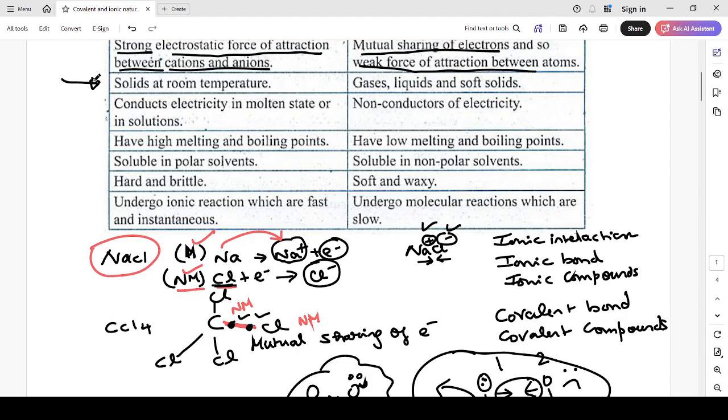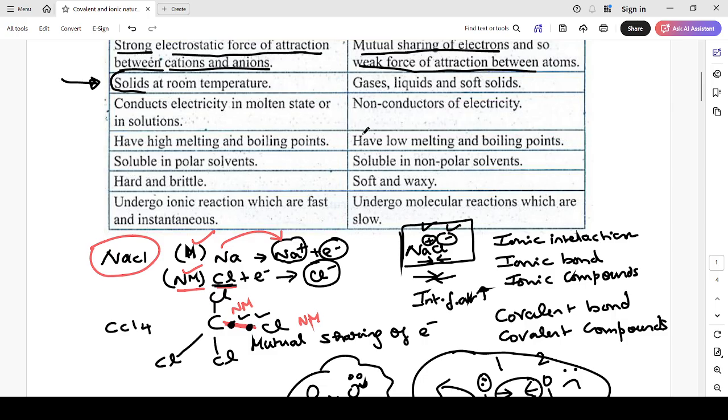Now this answers why ionic compounds are solids at room temperature. Because of the strong electrostatic attraction between them, they are very close to each other. Because they are very close, their intermolecular force of attraction increases. If the force of attraction increases, it's obvious that they become solids.